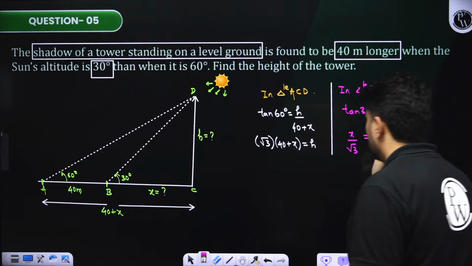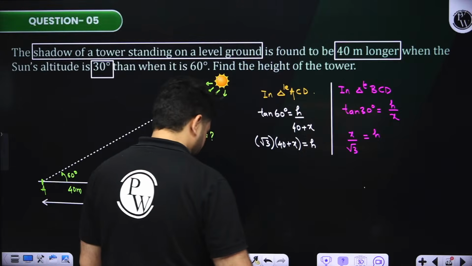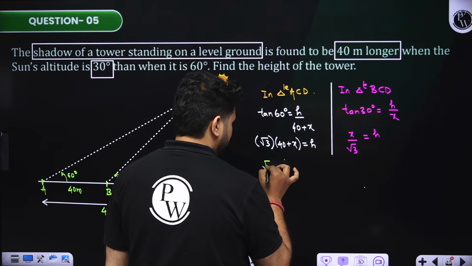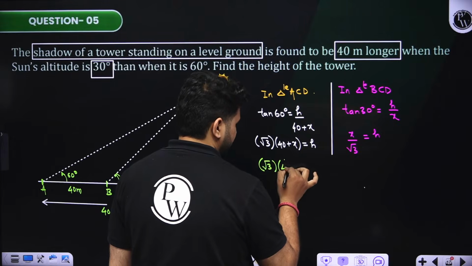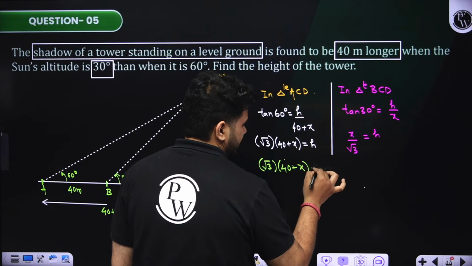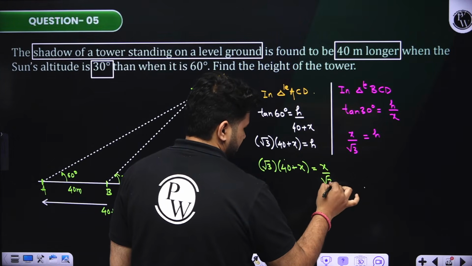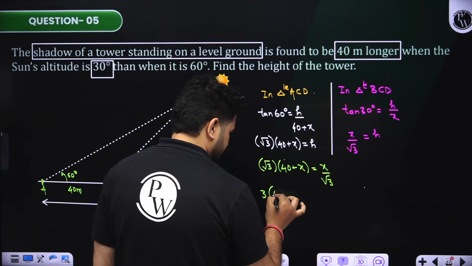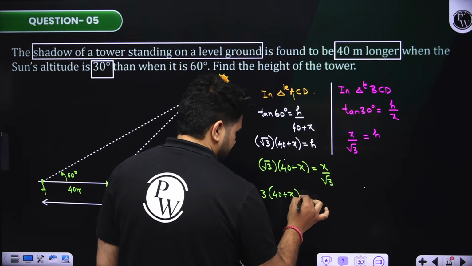So on both sides we have h, we can equate them. Here also we have h, here also we have h. So root 3 times 40 plus x is equal to x by root 3. Cross multiply, students. Root 3 into root 3 will be 3 times 40 plus x is equal to x.